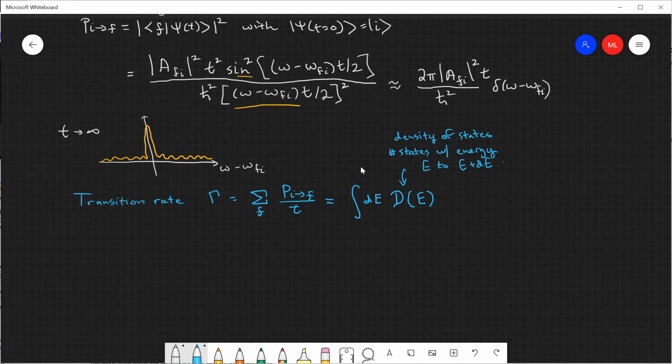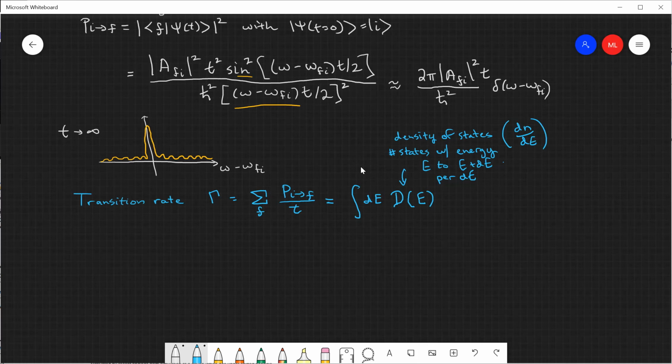It's per dE, of course. In other words, it's dN/dE, where dN is the number of states in that band of energies between E and E plus dE, and then you divide by dE.